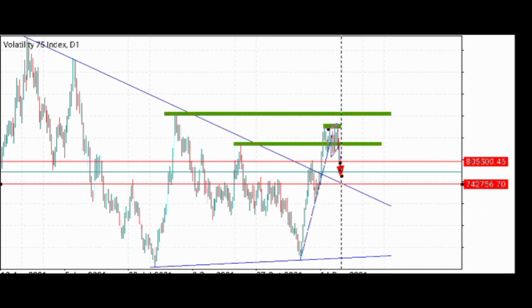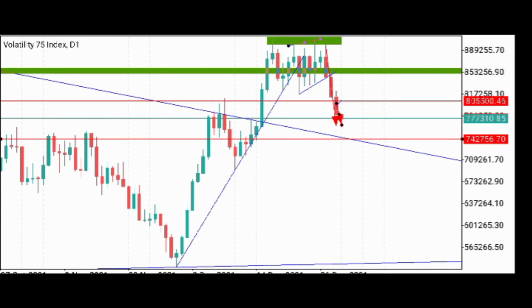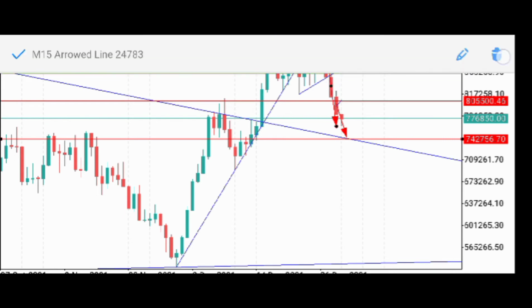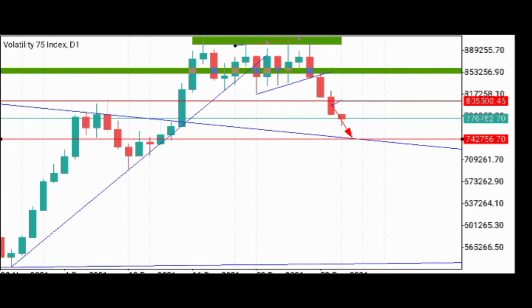Since we drew it on the higher time frame, it has more impact than lower time frame trend lines. So you simply know that, okay, I'm going to take my profits approximately here, due to the fact that area has a trend line going through there, and a powerful one on the 1 hour, daily time frame.